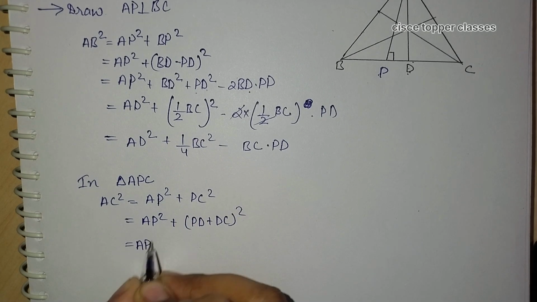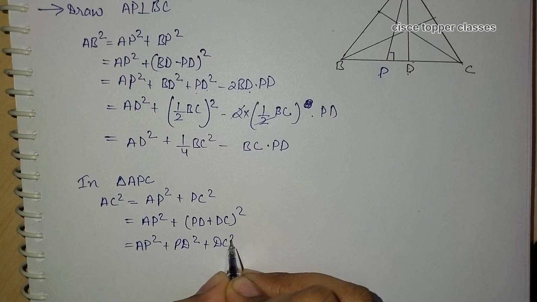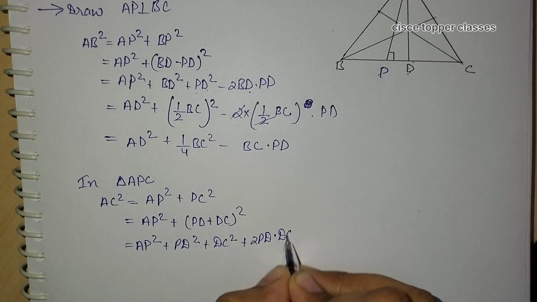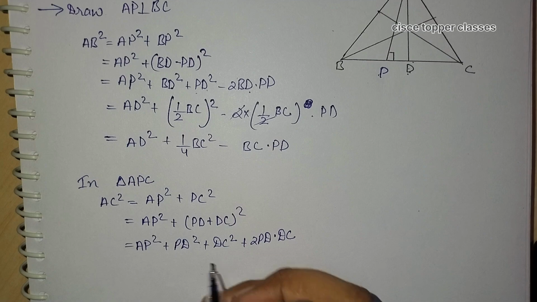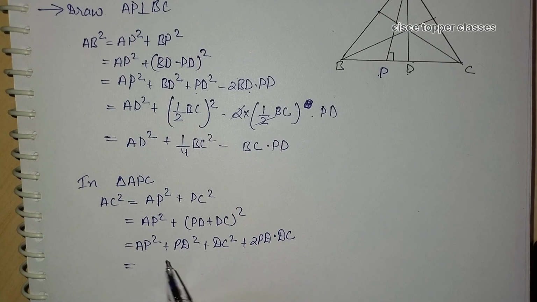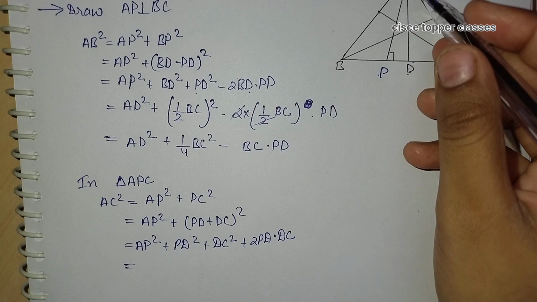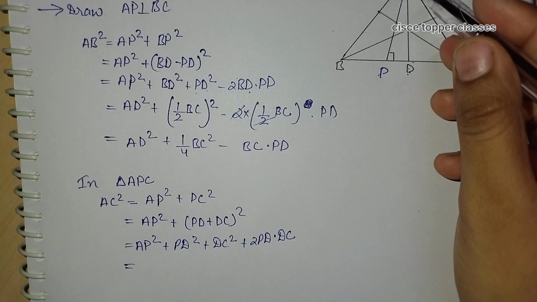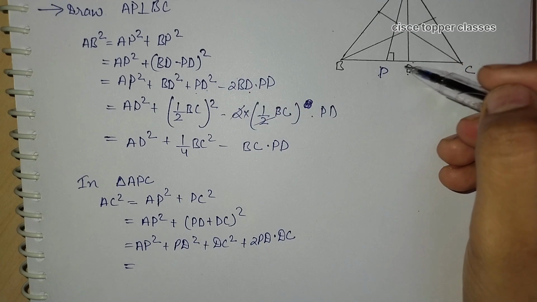This will be AP square plus PD square plus DC square plus 2 PD into DC. Since AP square plus PD square is AD square, we have to see PD square.